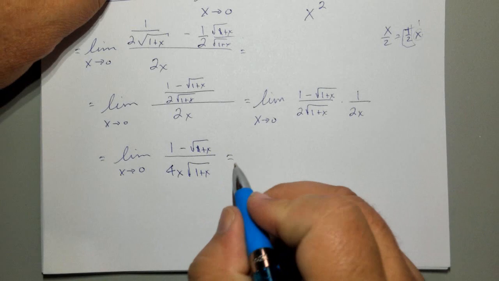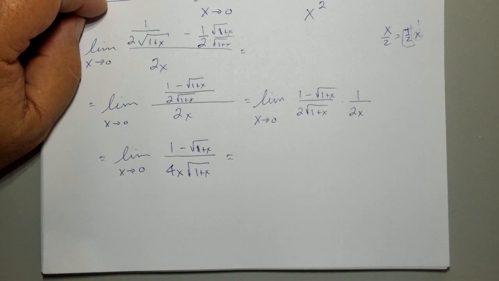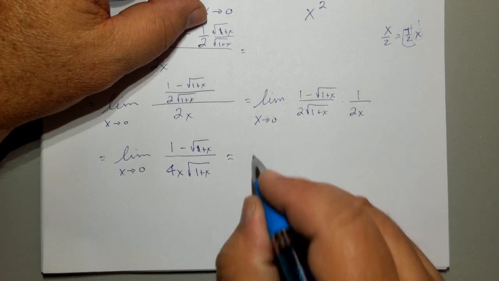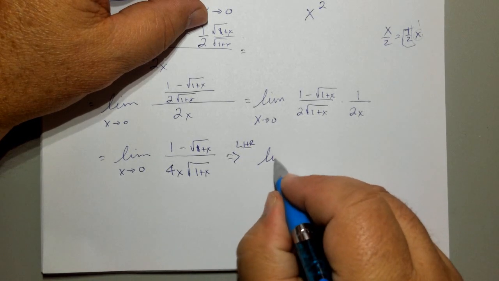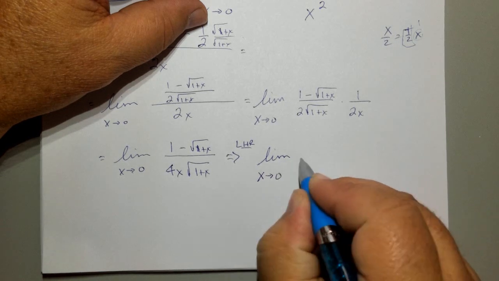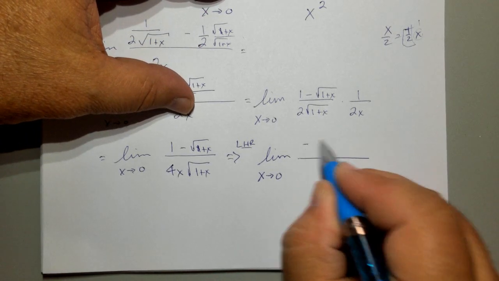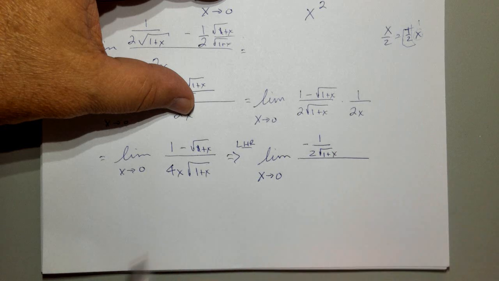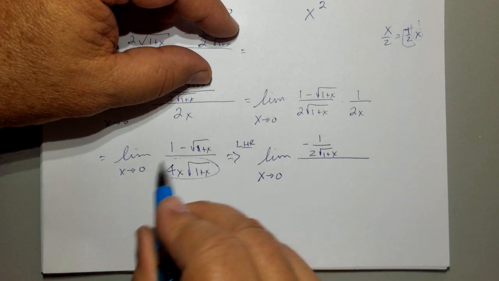So now we take L'Hopital's rule again. As long as you get 0 over 0, you take the derivatives over and over and over until you get one non-zero component. So we have to do the product rule.